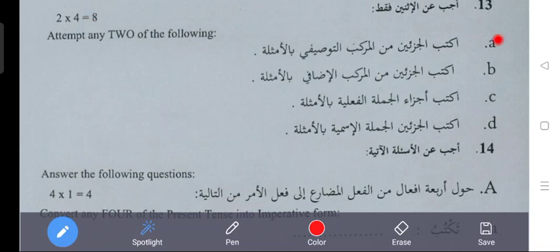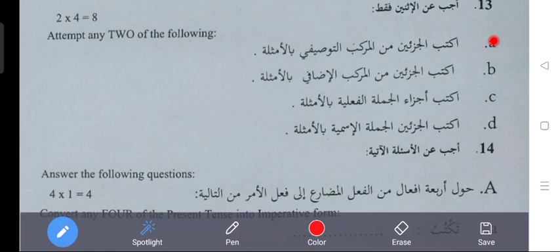In this section, he will give you questions from the grammar section, such as Uktub al-juzain min al-murakkab at-tawsifi bil amsila. Write the two parts of the adjective phrase with examples. Translation will not be given. The questions will come in Arabic only.